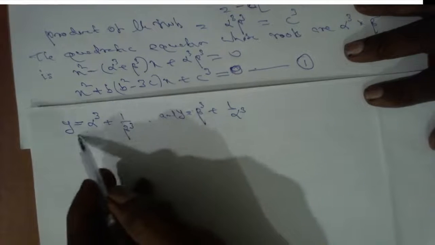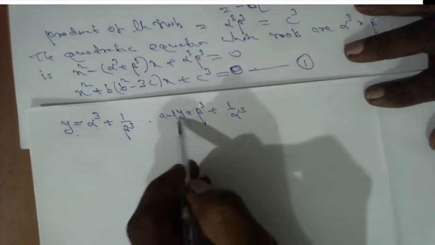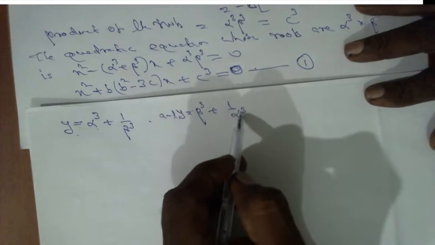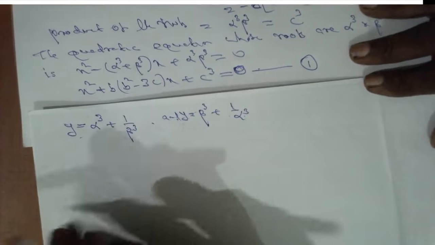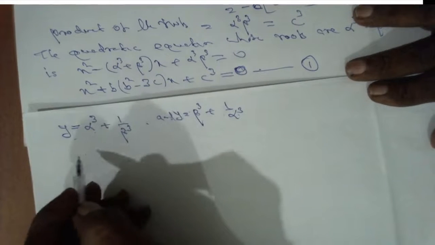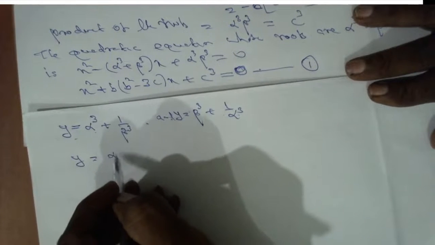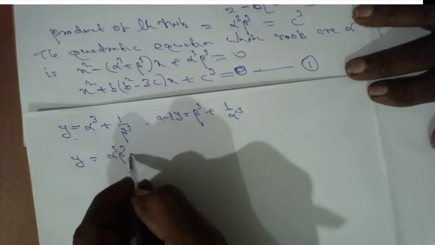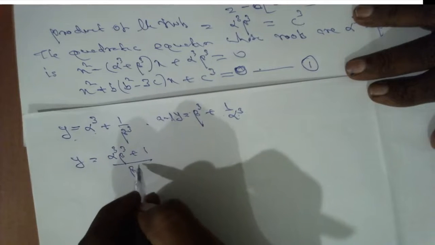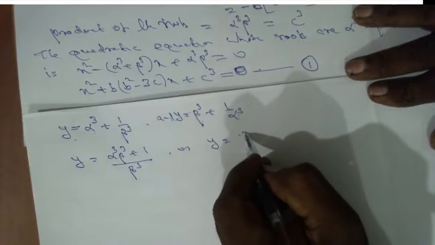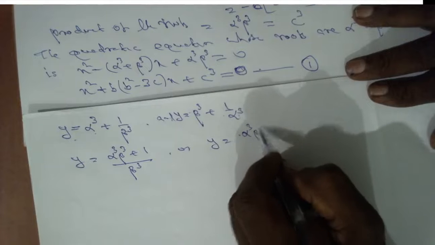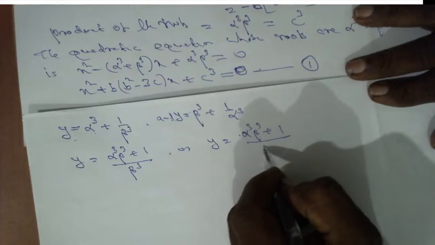You can take y equals alpha cube plus 1 over beta cube and beta cube plus 1 over alpha cube. So you have to deduce the quadratic equation whose roots are these two values. So y equals alpha cube plus 1 over beta cube, or y equals beta cube plus 1 over alpha cube.